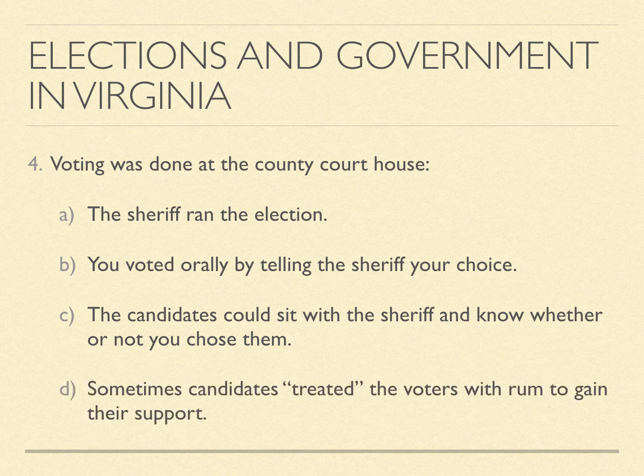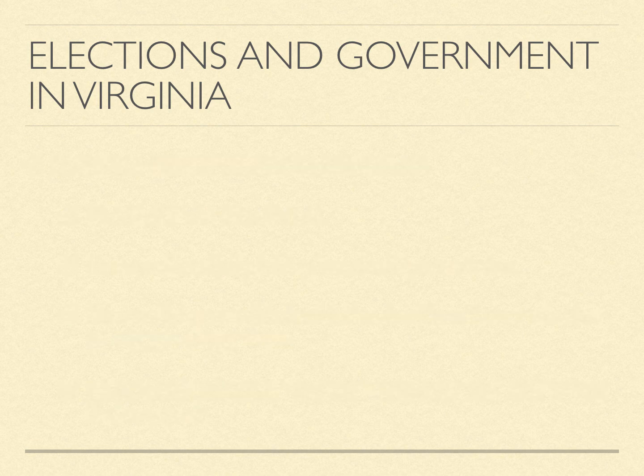And sometimes the candidates would use alcohol, rum, or beer, to try and sway some votes. You could be treated by one of the candidates with some alcohol if you voted for them. To gain support, they would offer up some libation to individuals who cast the vote in their direction.